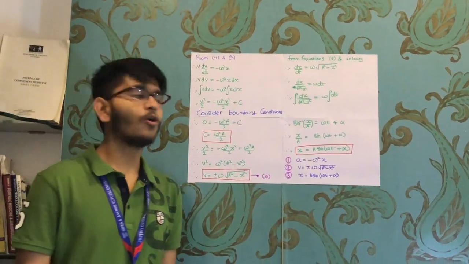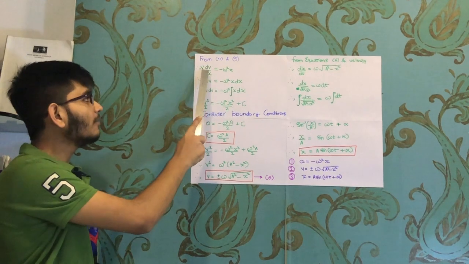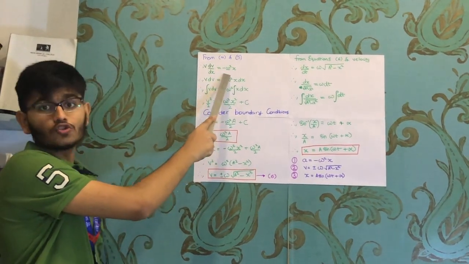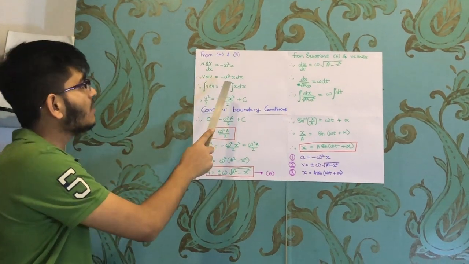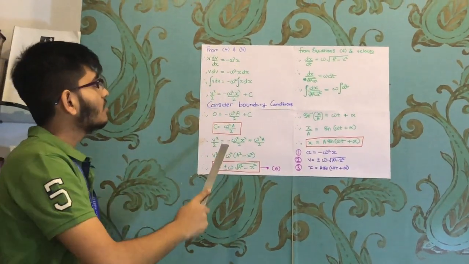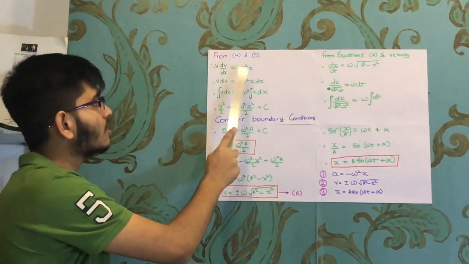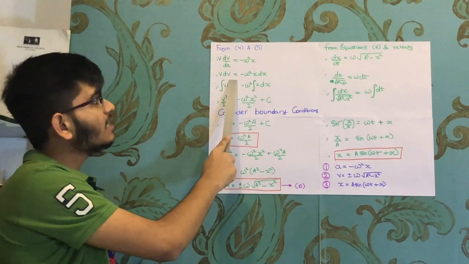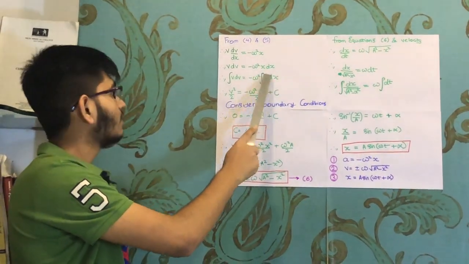So from 4 and 5 we can say that v dv by dx is equal to minus omega square x, which we have equated with the acceleration. Therefore, multiplying dx on both the sides, we get v dv is equal to minus omega square x dx.